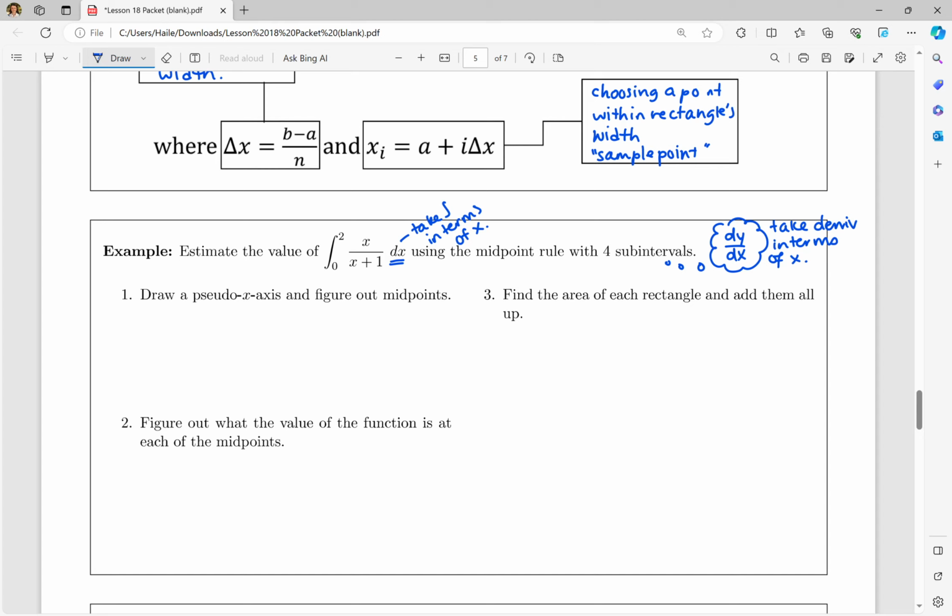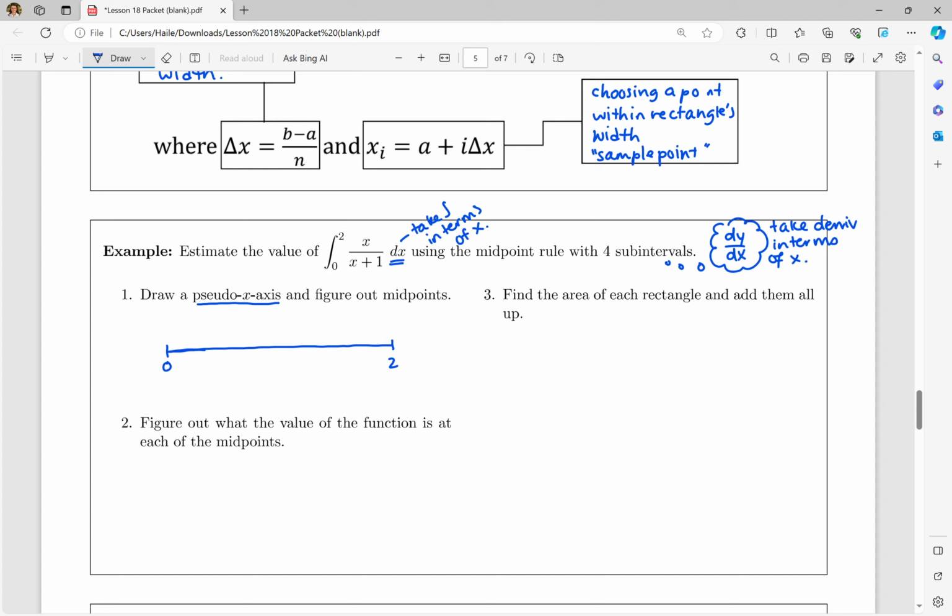When I say pseudo x-axis, all I'm saying is pretend you have an x-axis and you're dividing it up into your subintervals. We don't want to graph the entire graph, we're just giving ourselves the x-axis to help us visualize. I'm going to draw my x-axis from 0 to 2 because those are the bounds on my integral, so we use them as our endpoints.